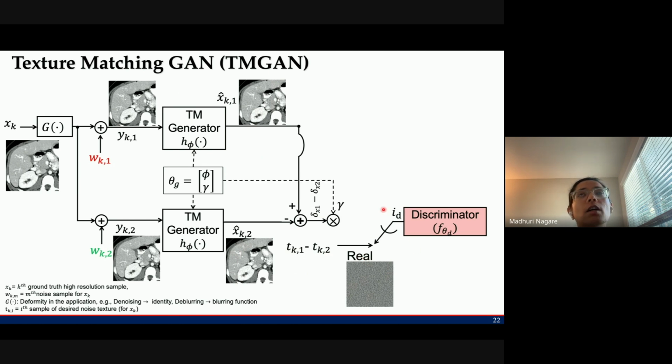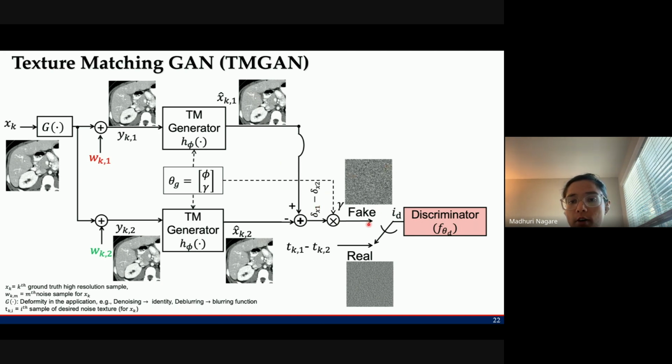Note that the amplitude between the real texture and the generated texture images could be different. To compensate for that difference, we have this scaling factor gamma. This is tunable, or we can set it manually. For these experiments, training sets it, and we didn't set it manually.